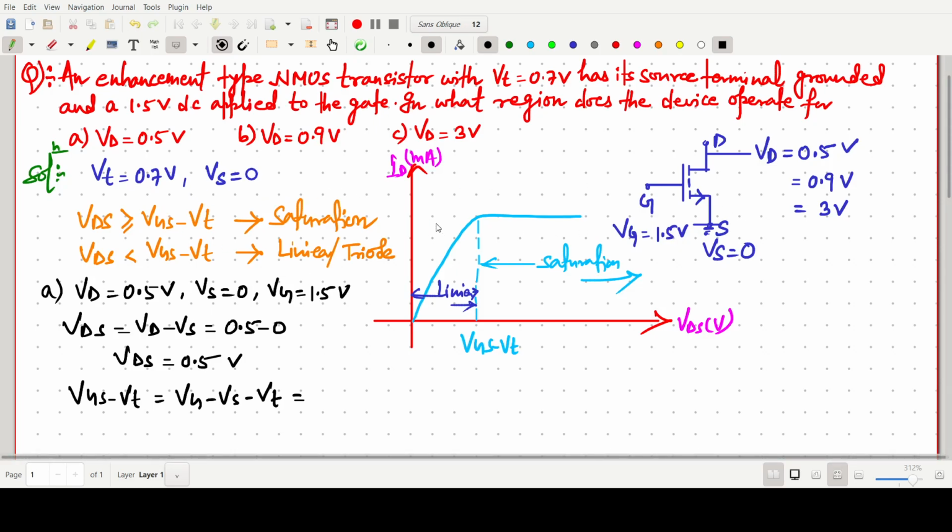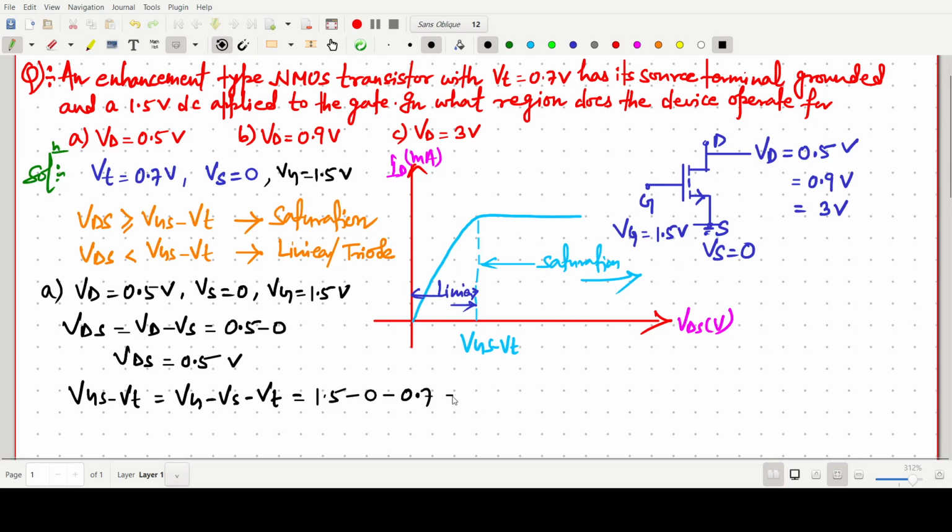So 1.5 volt minus 0, since VS is grounded, minus VT 0.7 volt, so its value will be 0.8 volt. So VGS minus VT will be 0.8 volt.